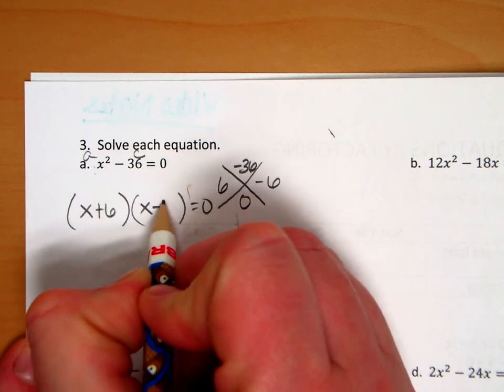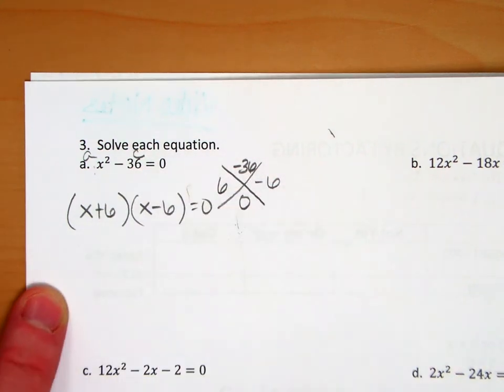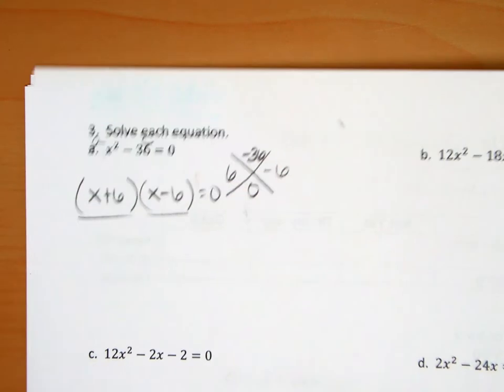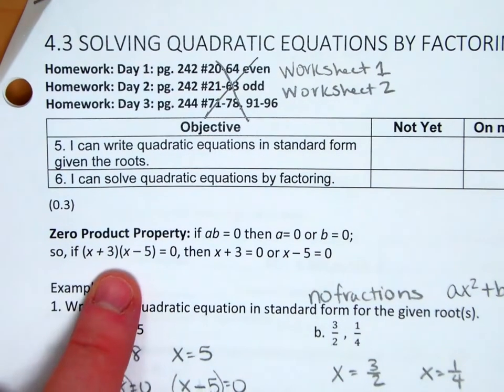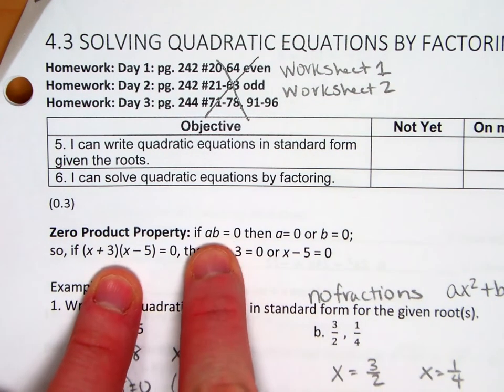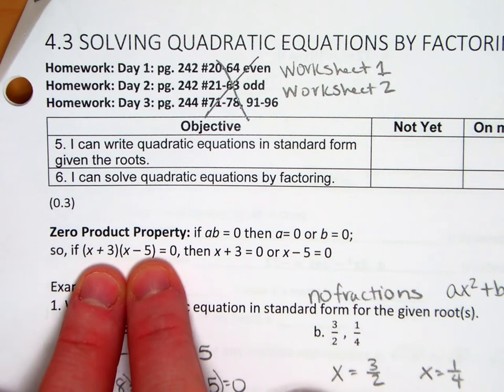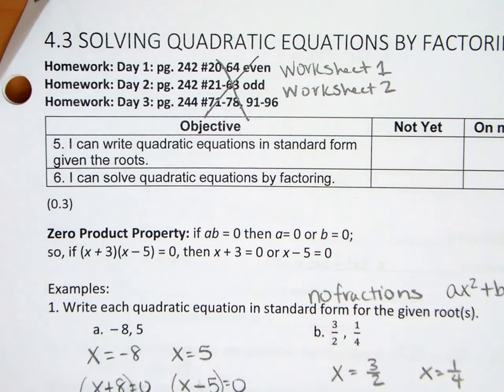So what happens now, we take each of these parts, because we're going to apply the zero product property. If two things are multiplied to equal 0, then each one could be 0. So when we have a factored polynomial with two parts equal to 0, we set each part equal to 0.